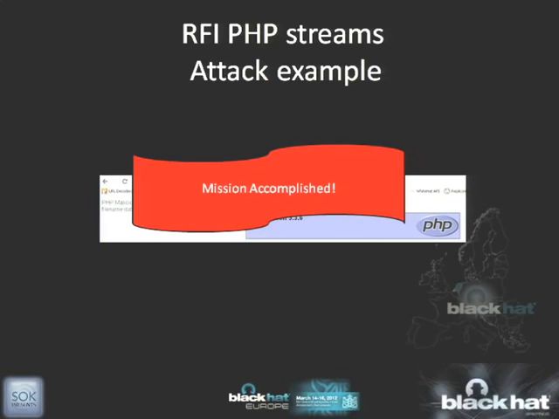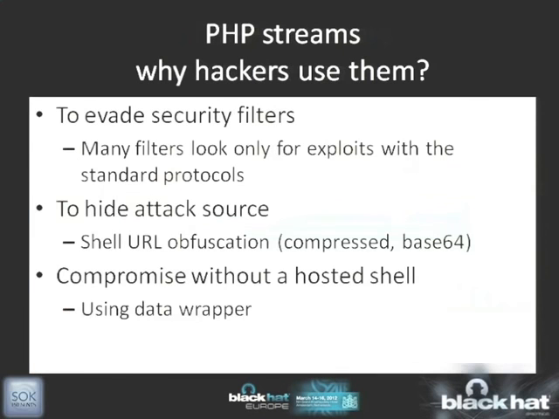So what is it good for? Why do hackers use these PHP streams? Why not stay with the known HTTP, HTTPS, and so forth exploitation methods? First of all, many security filters that use signatures and blacklisting of input only look for exploits with the standard protocol.